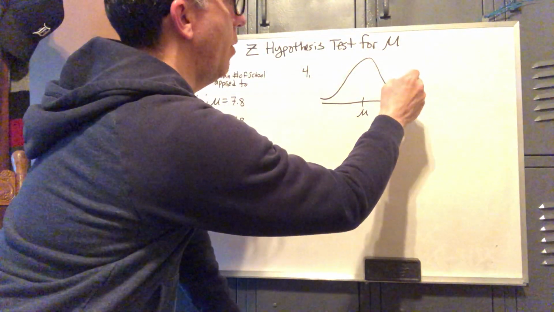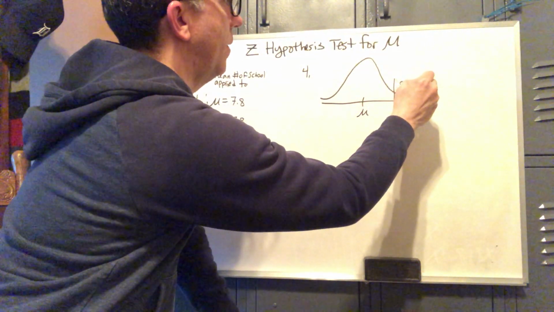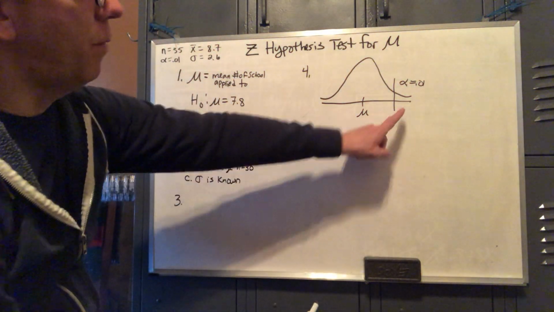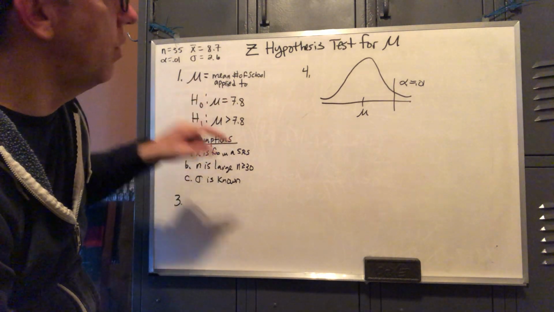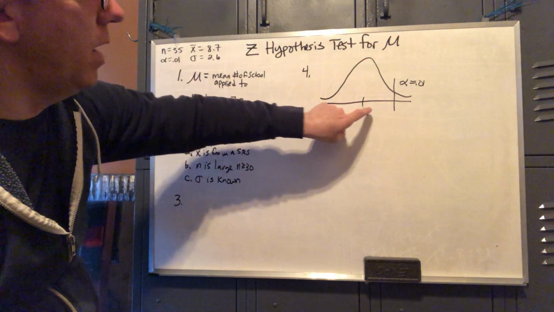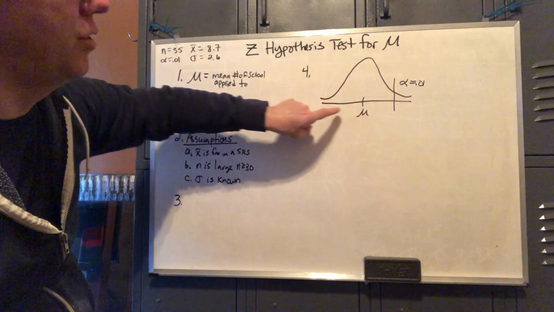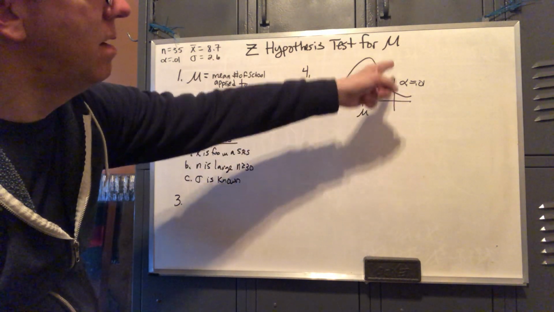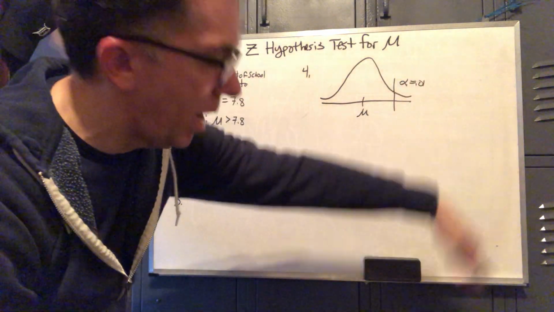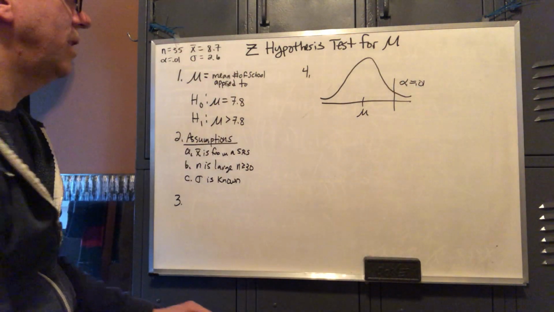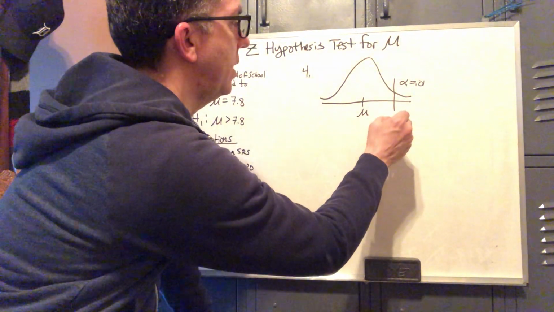And here's the very right 1%. If our sample ends up on this side, we're going to reject the null hypothesis and say it's wrong. But if our sample ends up anywhere over here, we're not going to reject. So this is the line of rejection. If it hits the line or is greater, we're going to reject. All right, so we call that a critical value. So what is that critical value?